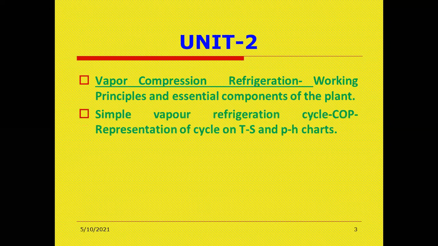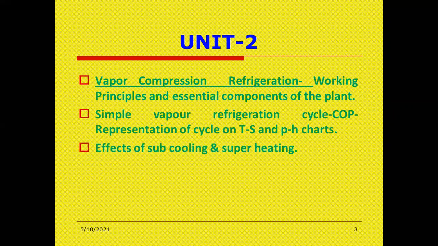Next, simple vapor refrigeration cycle, their coefficient of performances, representation of cycle on temperature, entropy, and pH charts. This is the simple representation of various cycles, how it is shown. Next, effects of subcooling and superheating means how the water or how the materials are getting cooled.